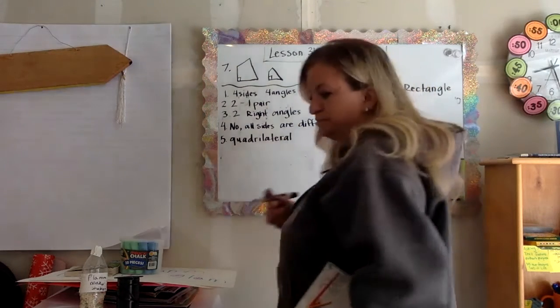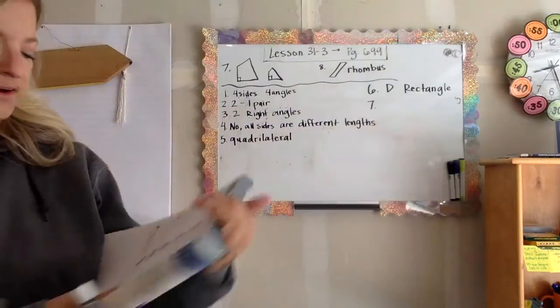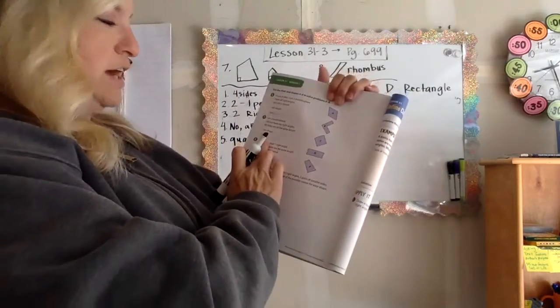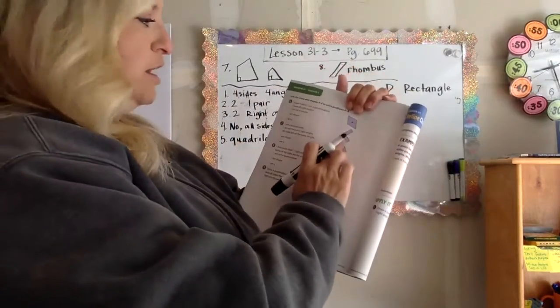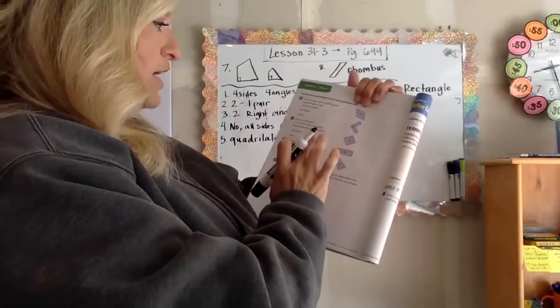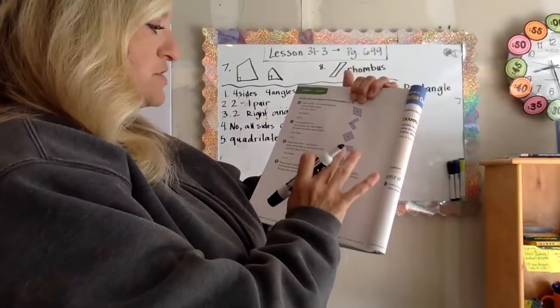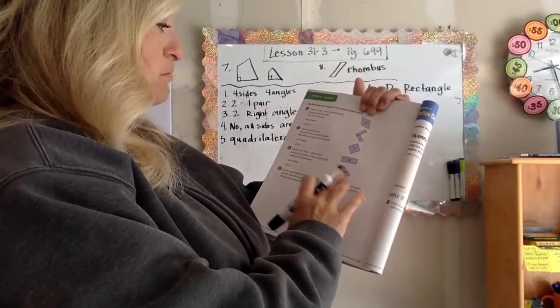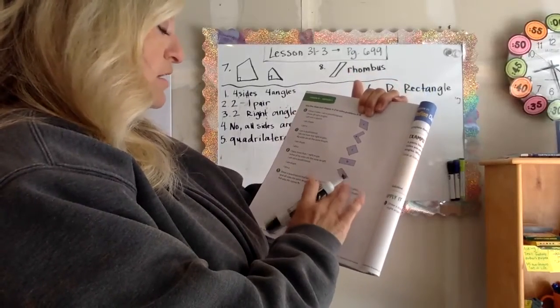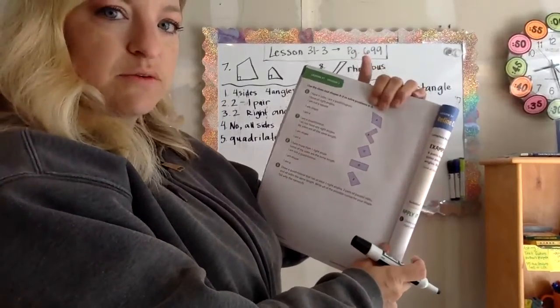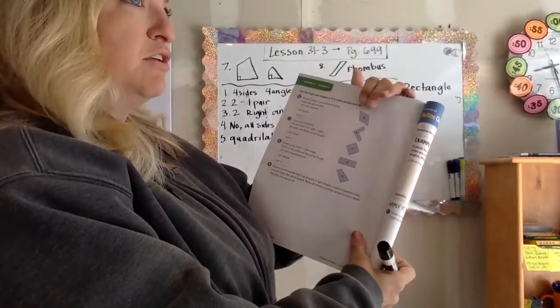Number 7, I am a quadrilateral. So again, 4 sides. That cannot be this one. I do not have any right angles. So any shape that has a right angle, it cannot be that one. My sides are all the same length. That was like what we did at the beginning of this lesson, boys and girls.